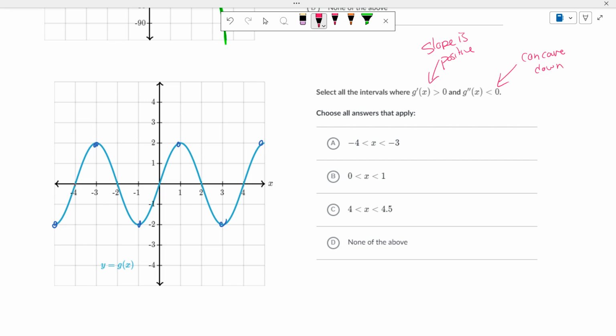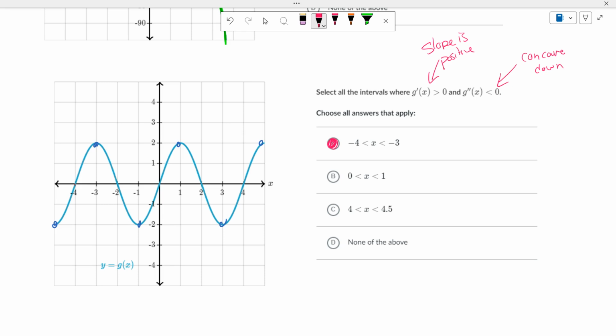Slope is positive, concave down. Okay? Well, let's look at A. A goes from -4 to -3. The slope is positive. And is this cup pouring out or filling up? Pouring out. So it's concave down. So A would work.